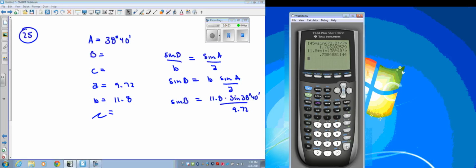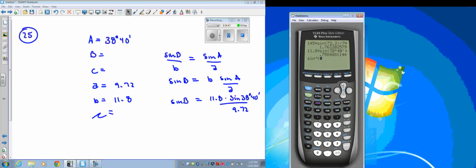So now we got a sine of an angle and it's within range. So then I'll do the sine inverse. What? Did the wrong thing. Second sine inverse.